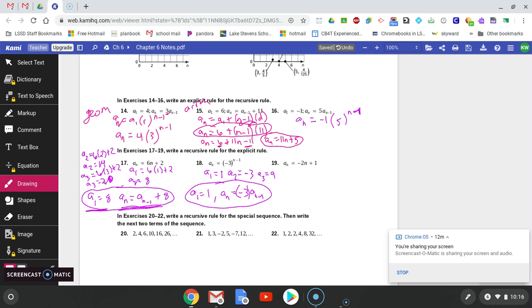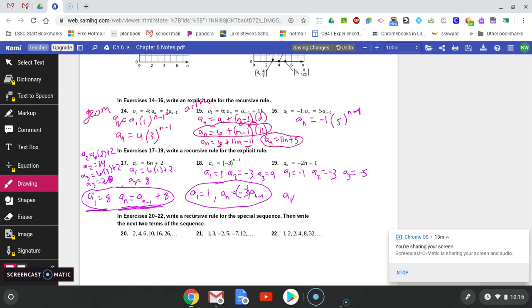So again, finding the first 3 terms. So my a sub 1 would mean I'm doing negative 2 times 1, which is negative 2. Negative 2 plus 1 is negative 1. My second term would be when I'm plugging in a 2. So negative 2 times 2 is negative 4. Negative 4 plus 1 is negative 3. And then my third term, plug in a 3. Negative 2 times 3 is negative 6. Negative 6 plus 1 is negative 5.